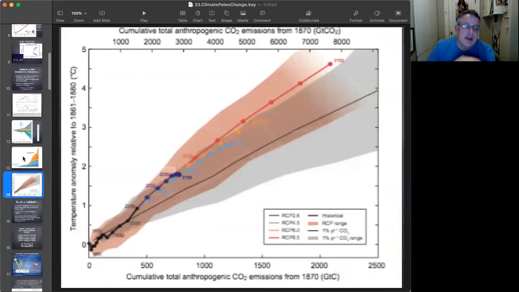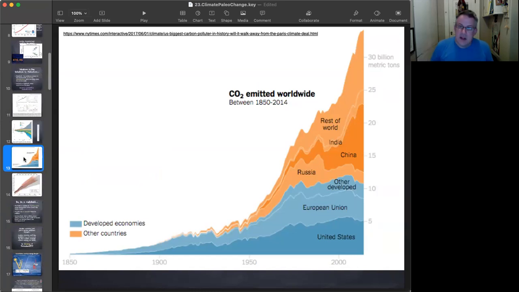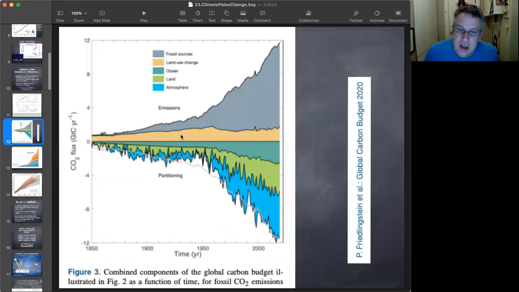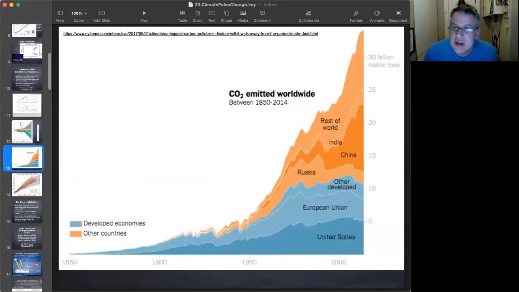Okay, so why do we care about this? This is gigatons per year. We actually want cumulative emissions.